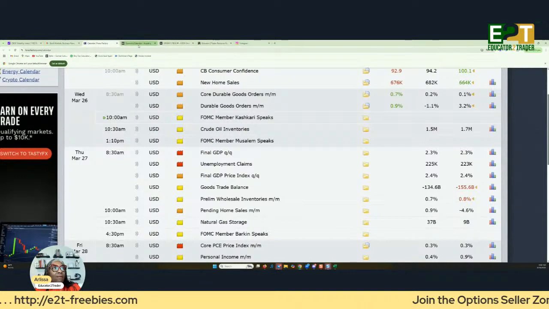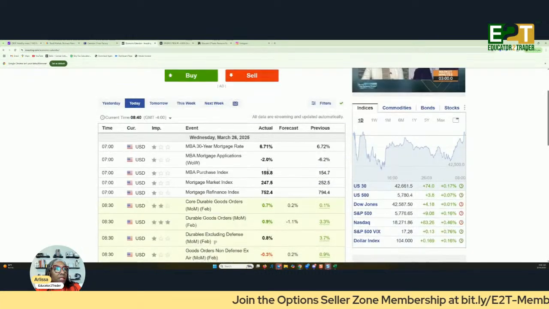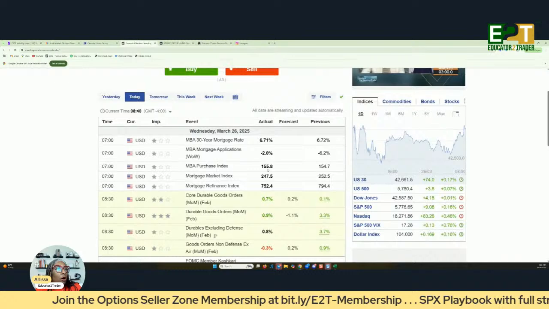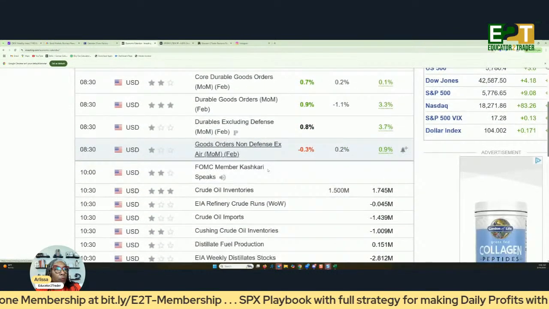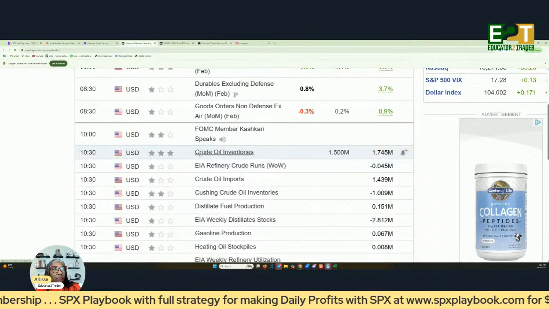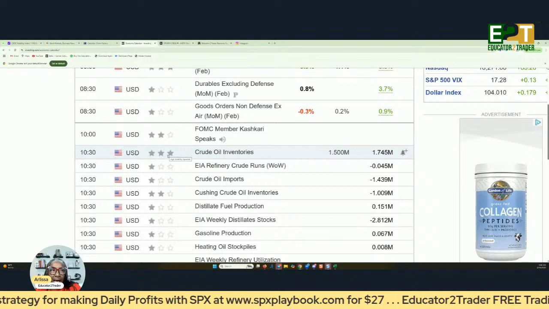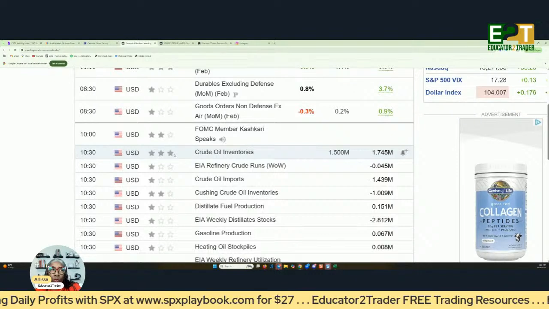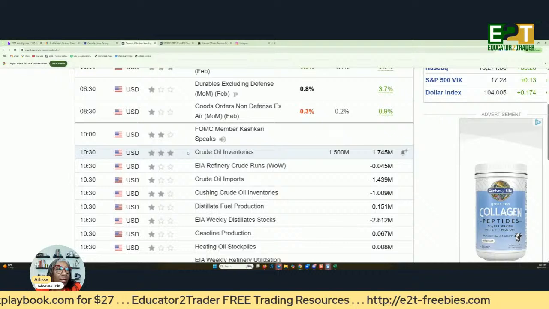All righty. Investing.com. Let's see what's on the list for today. 7 o'clock, we had mortgage stuff. 8:30, we had the core durable goods numbers and stuff are all there. Kashkari speaking. Crude oil inventories on investing.com shows as 3 stars, and over on Forex calendar it shows as a yellow, which I feel like crude oil inventories is really more than a yellow.